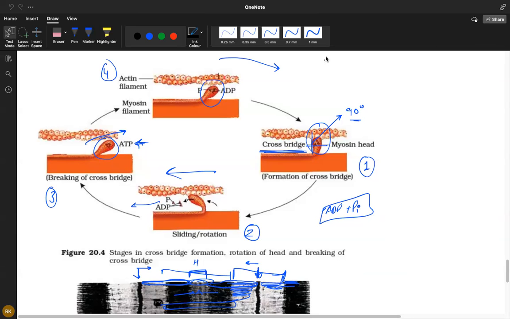This process can only continue till the calcium ions, Ca2+, are present inside the muscle cells.